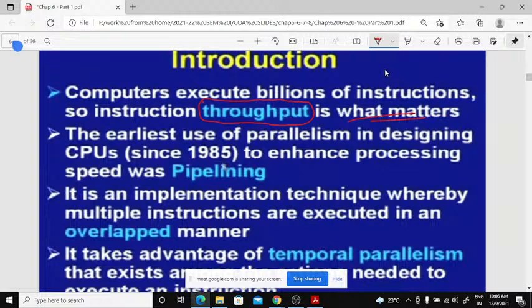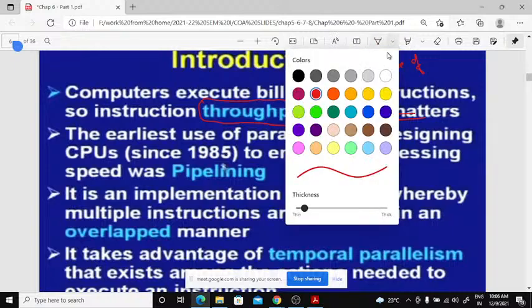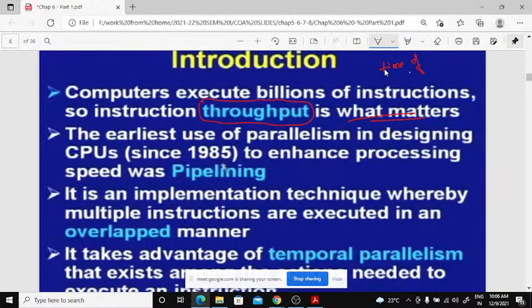The time taken for instruction execution is the same, but here it improves the throughput performance.